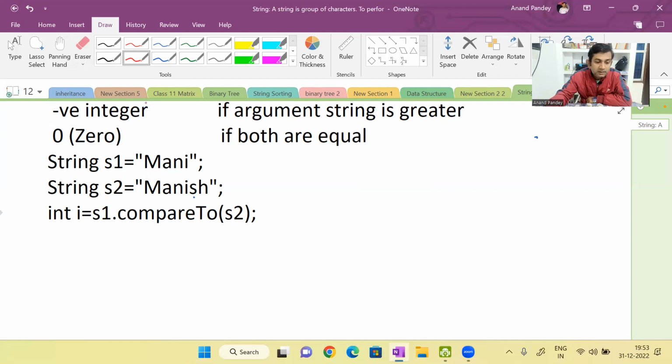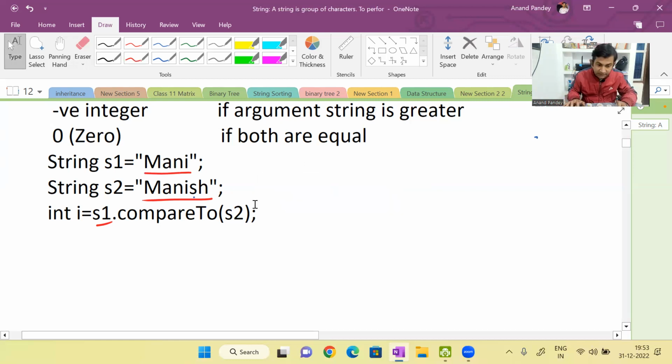Means here the length of S1 is 4, and the length of S2 is 6. So it will return the difference of their length. Means here this time the value of I will be 4 minus 6, minus 2.